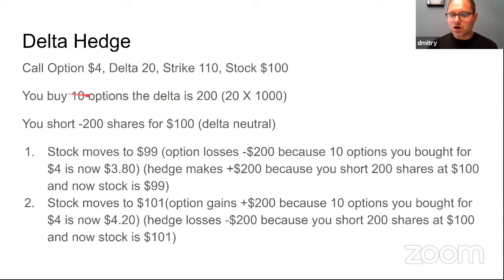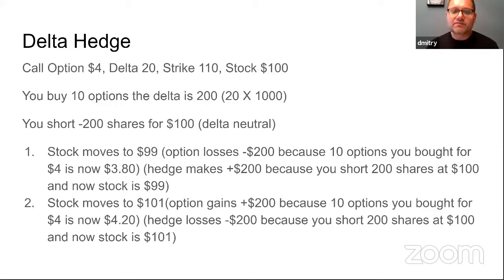Each option has 100 shares deliverable, which is 1,000 shares. So 1,000 times 20 is 200. This 200 is my position: if the stock moves up $1, my options are going to make $200. If the stock moves down $1, I'm going to lose $200.